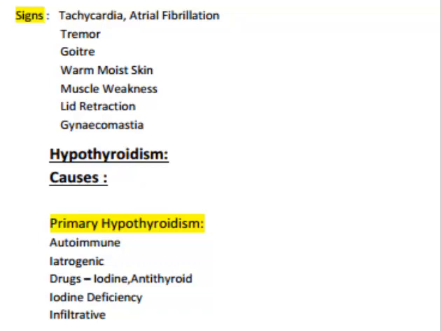Now, in primary hyperthyroidism, if there are features of Graves' disease such as ophthalmoplegia, goiter, proptosis, or protrusion of the eye, then we will stamp it as Graves' disease. If no, then we will have to assess by USG of thyroid gland and FNAC to detect if there is a cause of multinodular goiter or toxic adenoma or malignancy.